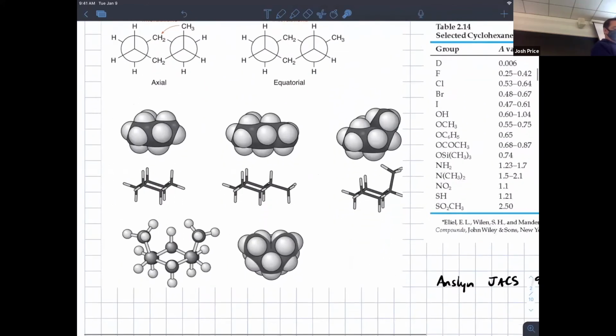That kind of distortion gets even worse if you do a disubstituted cis-1,3-dimethyl cyclohexane and you force it to be axial. Those carbon-carbon bonds end up distorting out of where they're supposed to be to accommodate the large size of the groups. These are called 1,3-diaxial interactions, between groups at axial positions, and they're unfavorable.